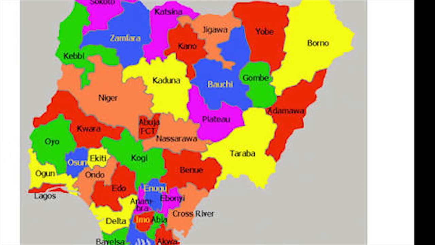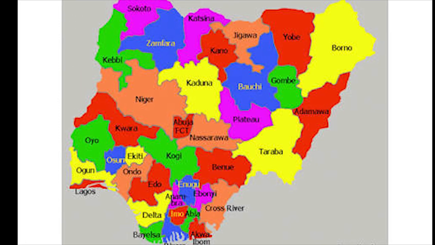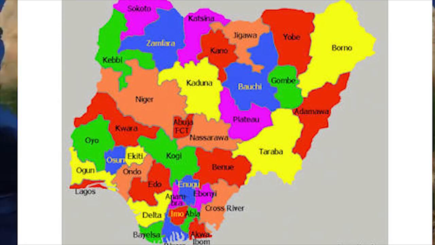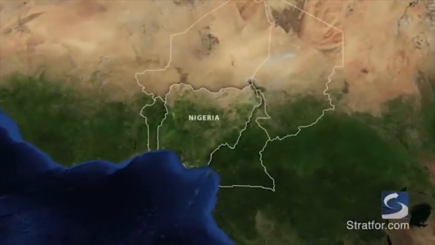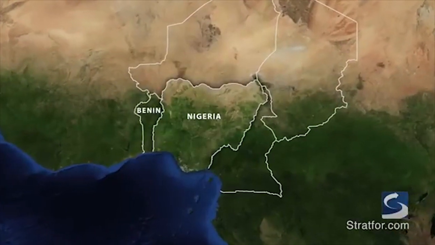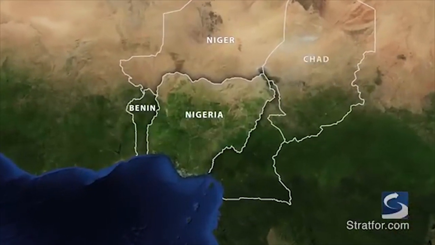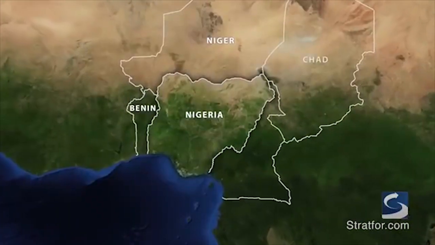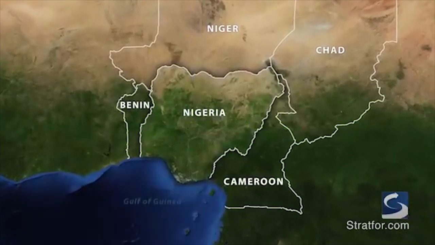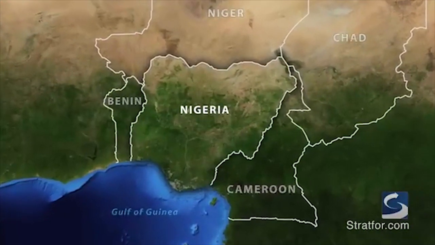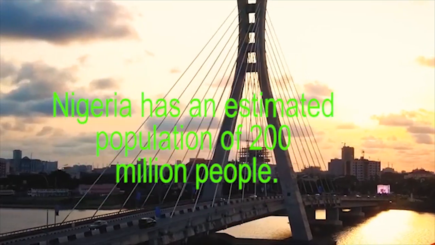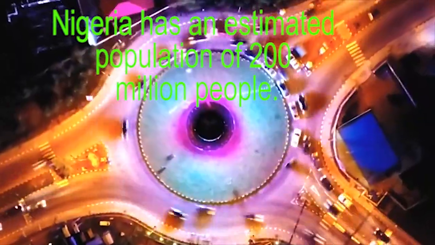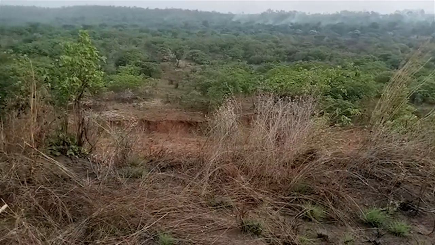It is the most populated black country in the world, and it shares borders with the Republic of Benin in the west, Chad in the northeast, Cameroon in the east, and Niger Republic in the north. Nigeria has an estimated population of 200 million people.